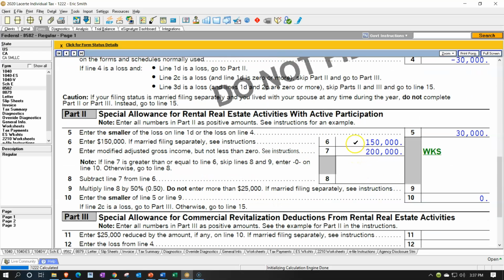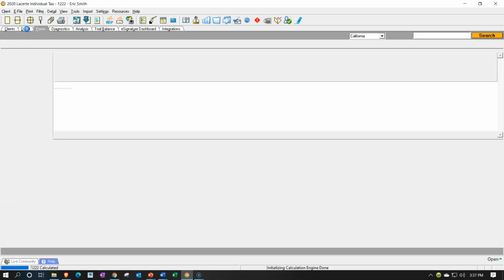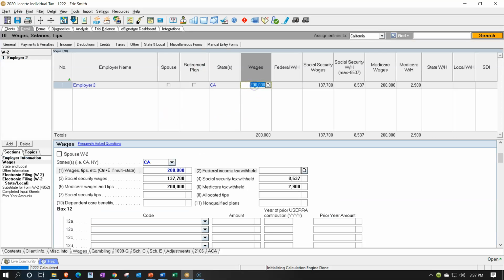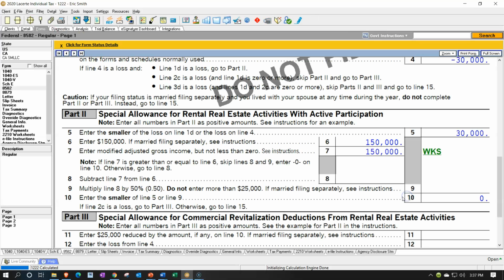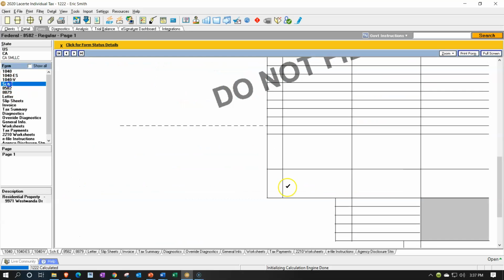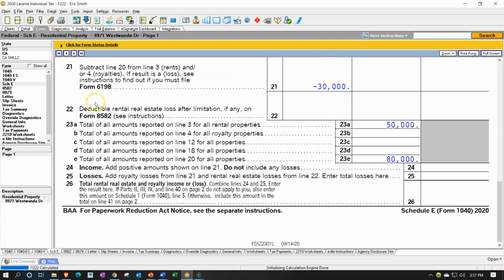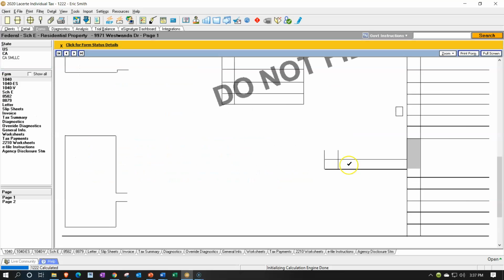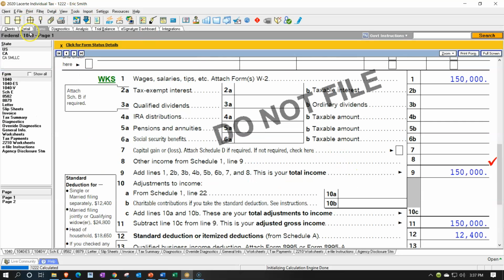And it's over the threshold. Our income is over the threshold to be able to take it, so we get nothing there. And that basically happens at the 150. So if I made this 150,000, then for a single filer, it's been wiped out here. And once again, nothing's happening for the loss. Loss is not pulling over, even though there's active participation.